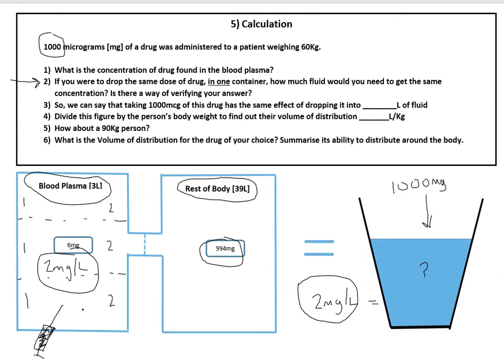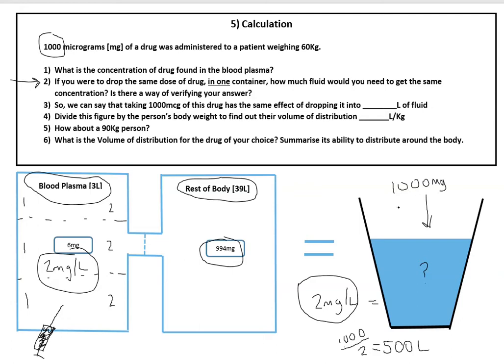Okay, so how do we work that out? Well, if we take 1,000 and divide it by 2, we get 500 litres.